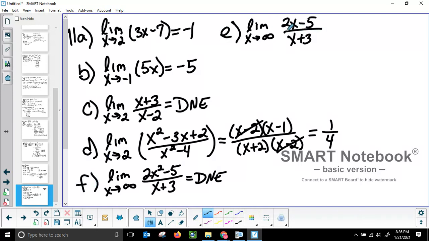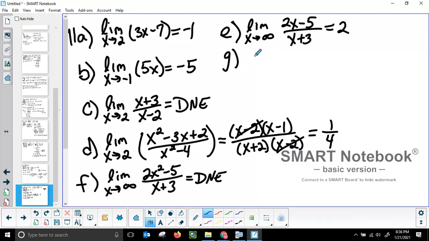All right, well here again, as x approaches infinity, we want to compare the degrees. All right, so the degree of the numerator is 1, the degree of the denominator is 1. Since they're equal, all we do is take the ratio of the leading coefficients. So 2 over 1, just 2.